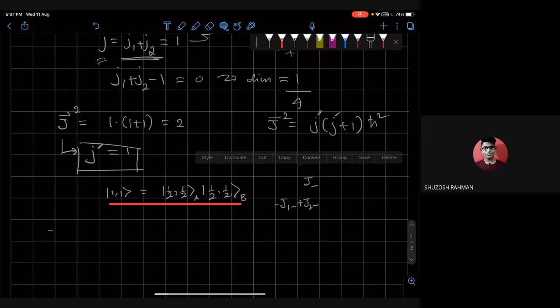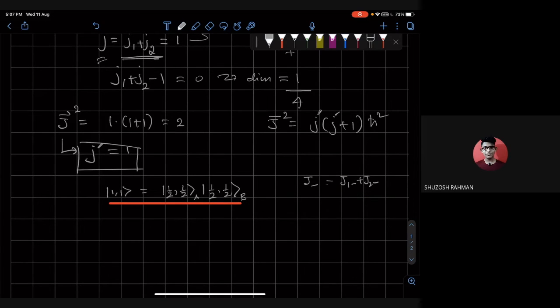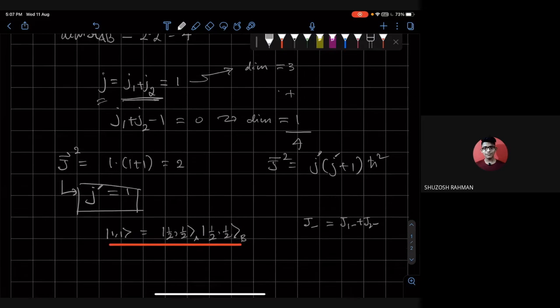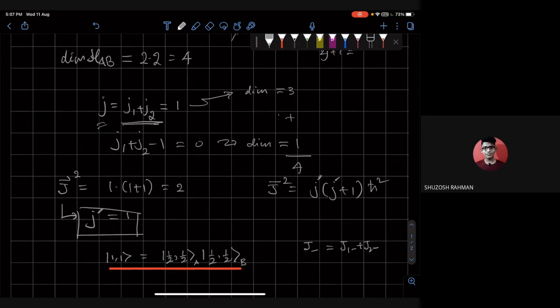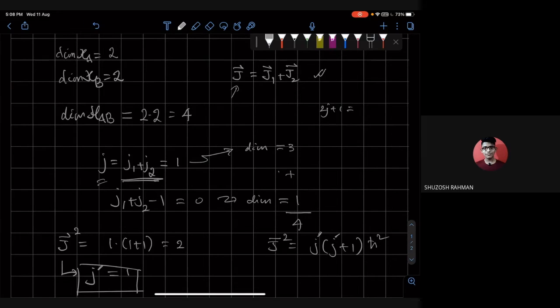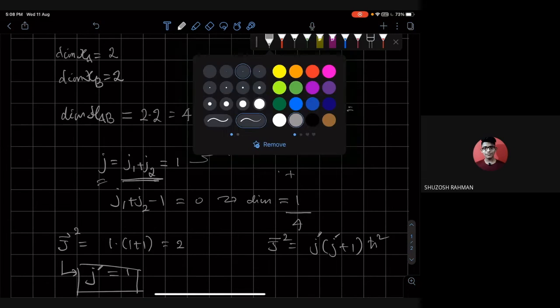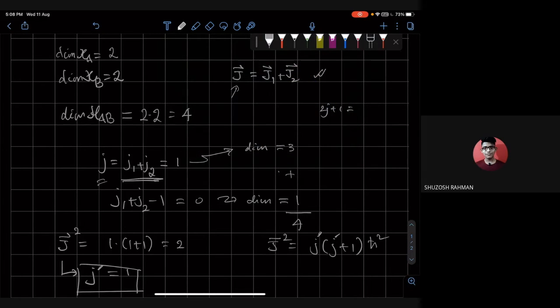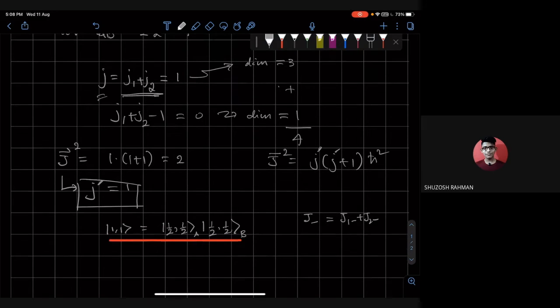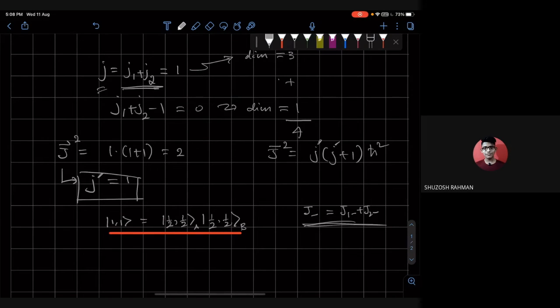So this equation implies this equation, right?